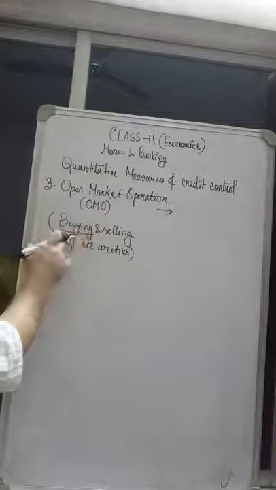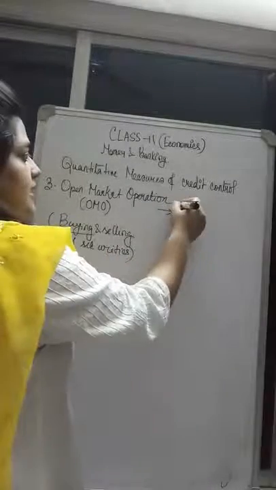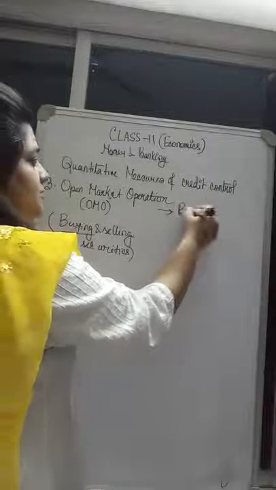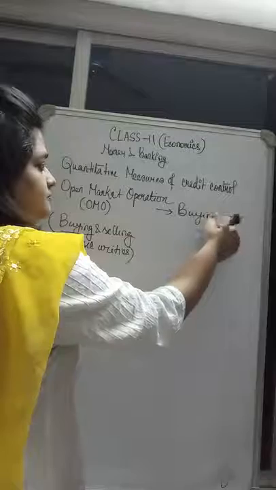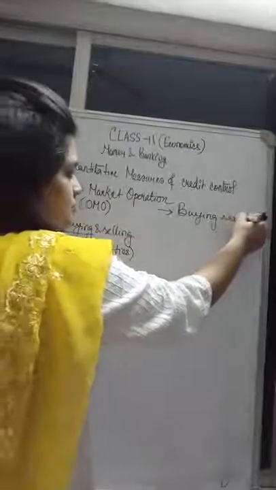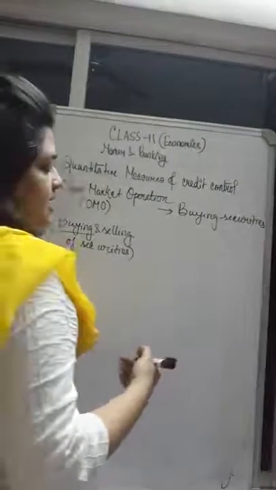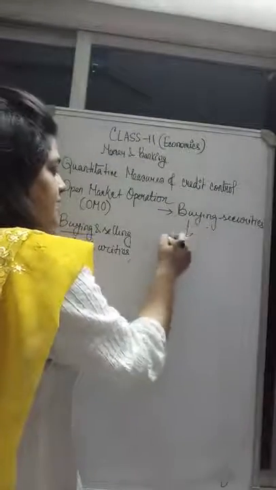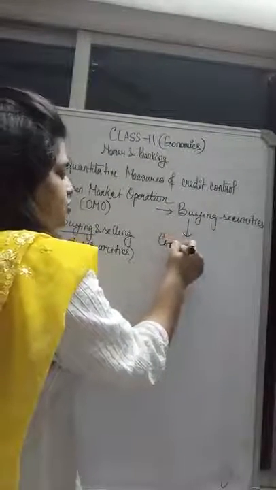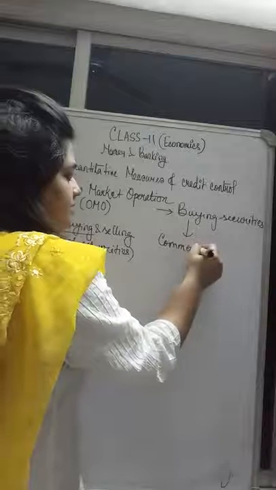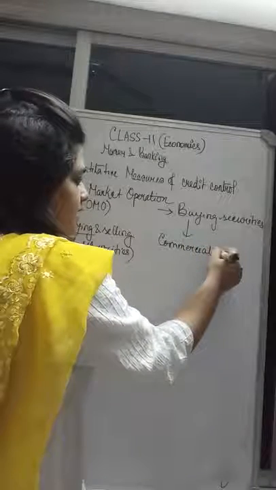Now what happens if central bank engages in buying the securities? So when central bank engages in buying securities in open market, so when central bank is buying from general public or commercial banks, it gives money in return. So commercial banks as well as general public, they get hold over money.